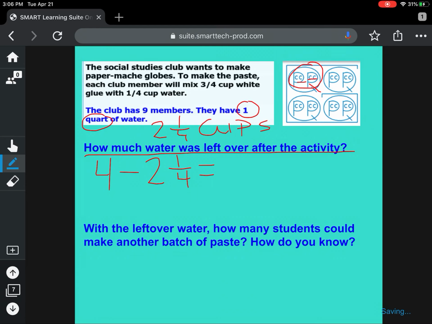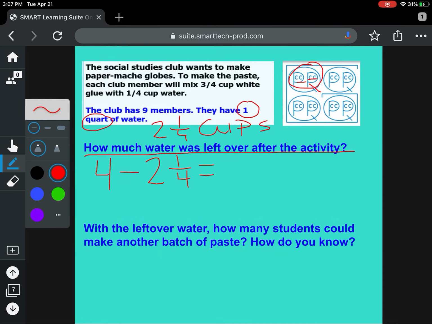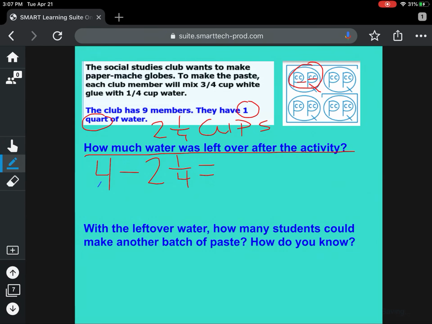Before we can subtract, though, we have to make sure that both numbers in our equation are mixed numbers. Because first we have a whole number 4 and then a mixed number 2 1/4. So what we need to do is change 4 to a mixed number. We're not going to change its value, we're just going to change the way it's represented.